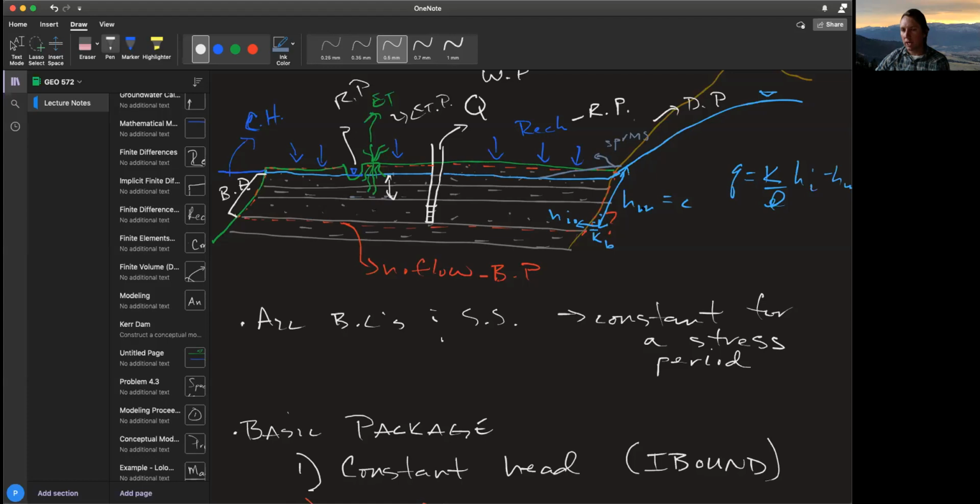So H sub m really big times some conductance really small would give us the right flux, and it would be insensitive to what was happening inside the model domain. Those creative ways that we trick models into doing what we want them to do are something you're going to encounter with whatever model you use.